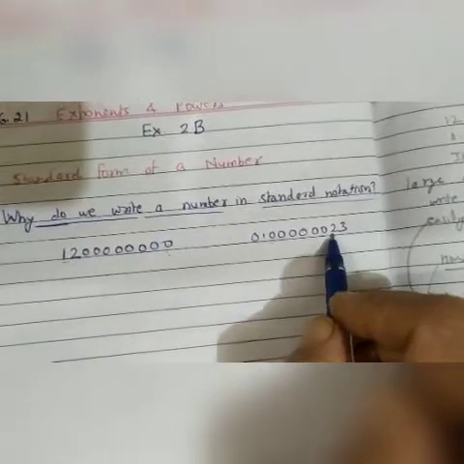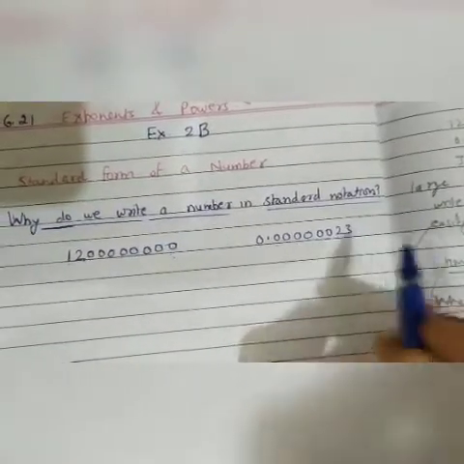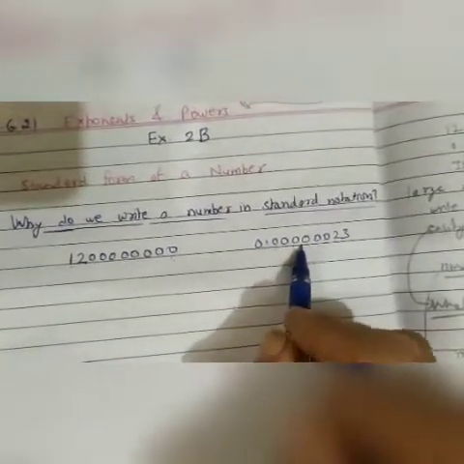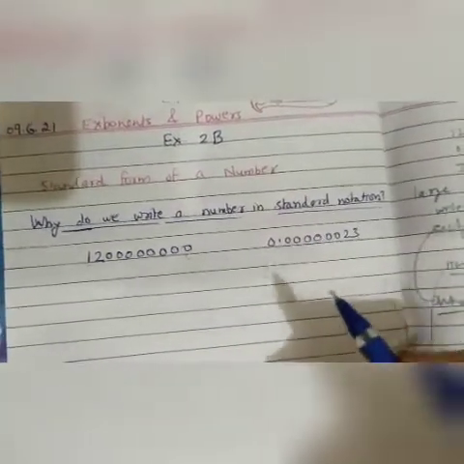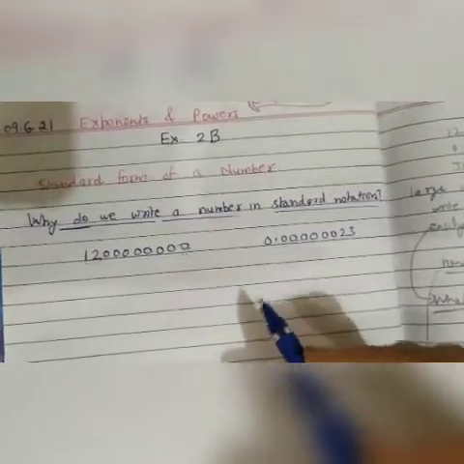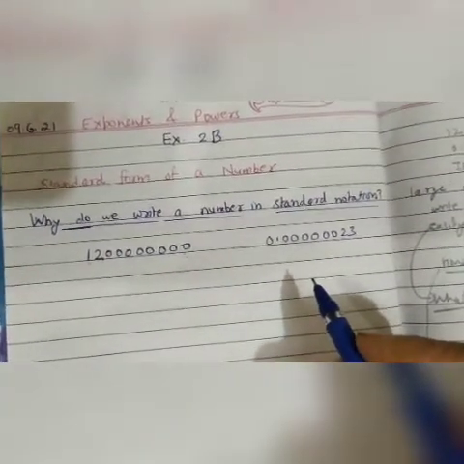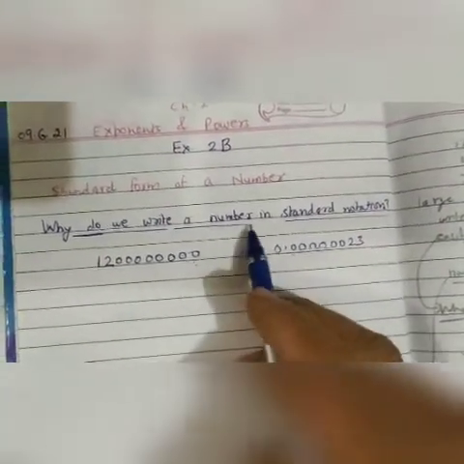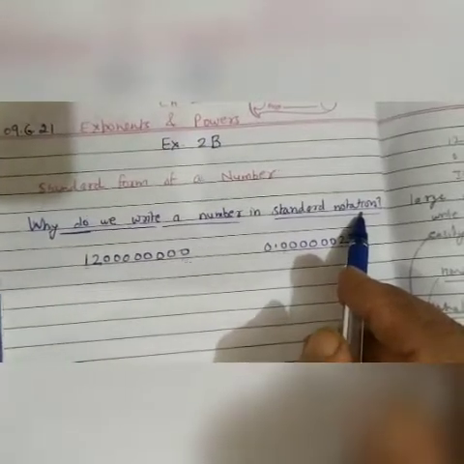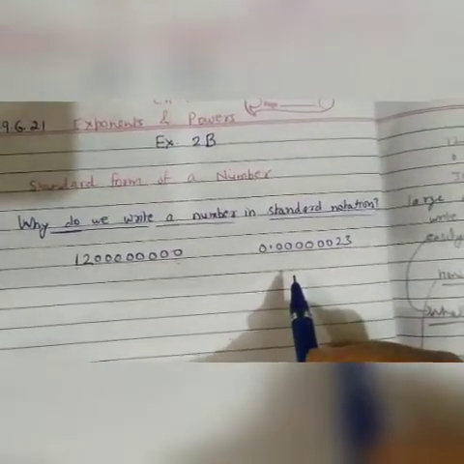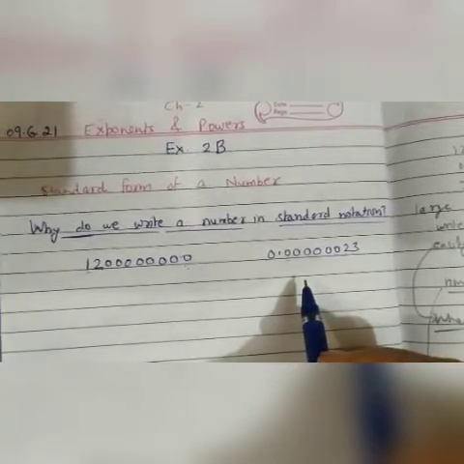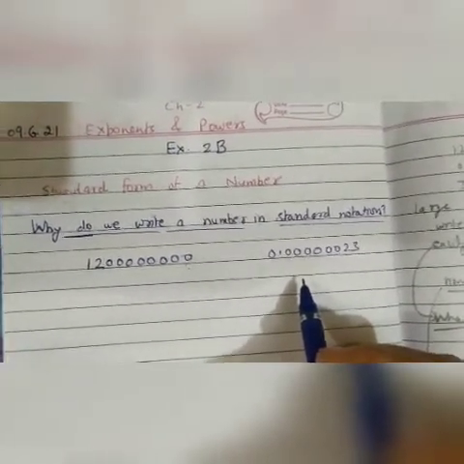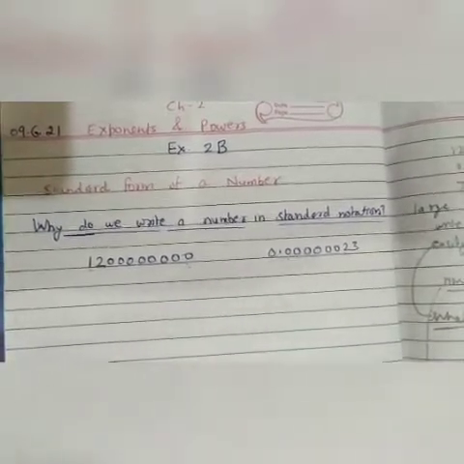So it is very difficult to write a very large or very small number in this form. So to write a large number or small number easily, we write a number in standard form. Why do we write a number in standard form? To write a very large or very small number easily.